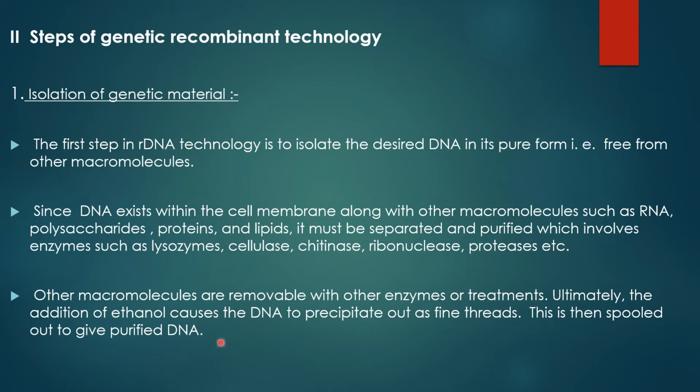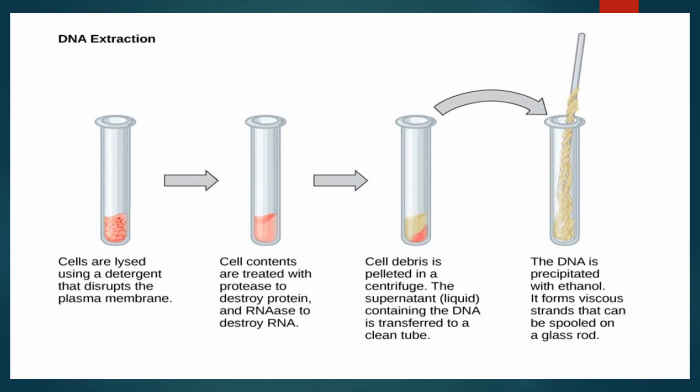Ultimately, the addition of ethanol causes the DNA to precipitate out as fine threads. This is then pulled out to get purified DNA. In detail, we explain with a diagram. In this diagram, cells are lysed using a detergent that disturbs the plasma membrane.